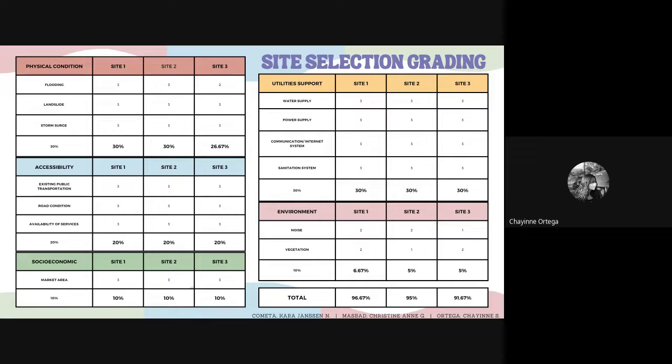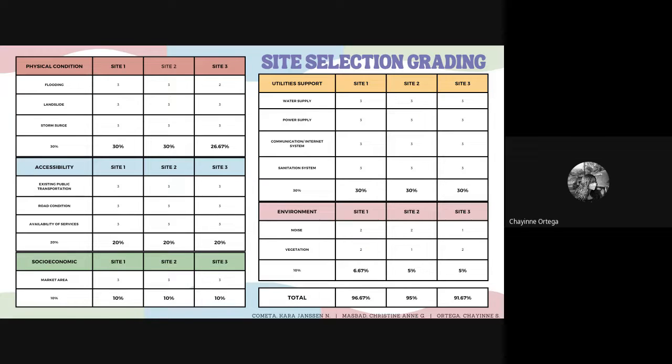For accessibility, all sites got the perfect 3 points, so they all got 20%. And for socioeconomic, since the three sites are located in a business area surrounded by establishments and residential areas, they all got the 10%.